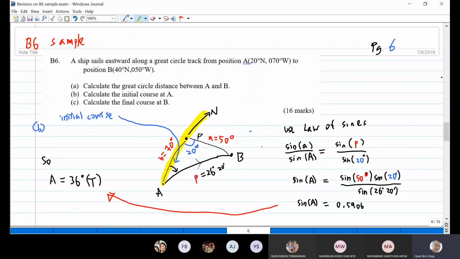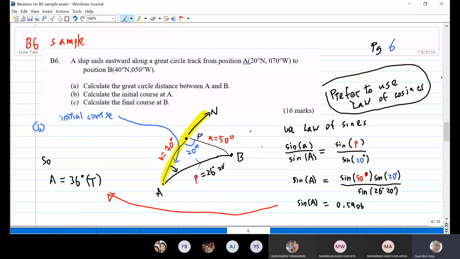Prefer to use the law of cosine. In this case I use a sine law, but actually most people prefer to use the law of cosine, because when you use the sine law, usually there are two possible answers, and then you have to check which one is correct.